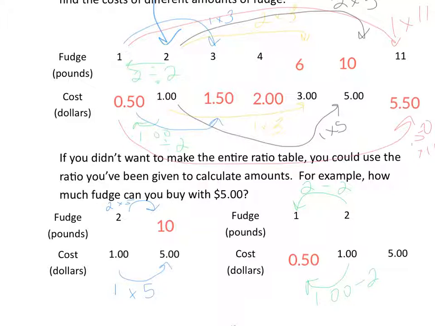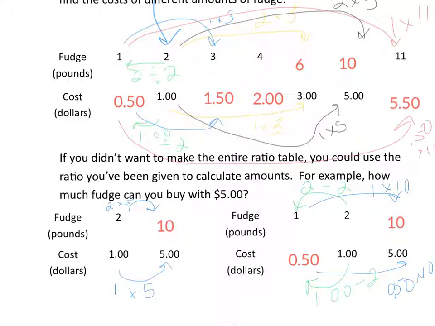And then I can use that information to say, to get up to 50 cents, what would I do to get to 5? Well, that's 50 cents times 10. So I could take 1 times 10, and I know that I would end up with 10 pounds of fudge.